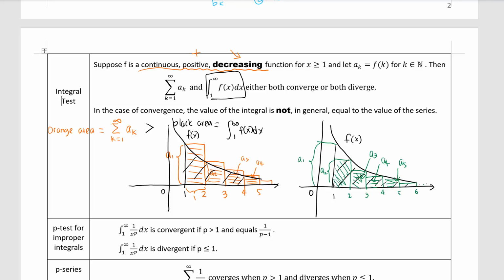Okay, so can you see what is the green area? So the green area, I didn't include this piece, okay? So what's the green area? The green area is equal to the sum of a sub k, but k starts with 2.